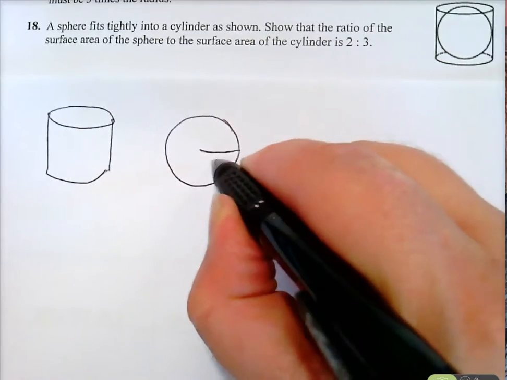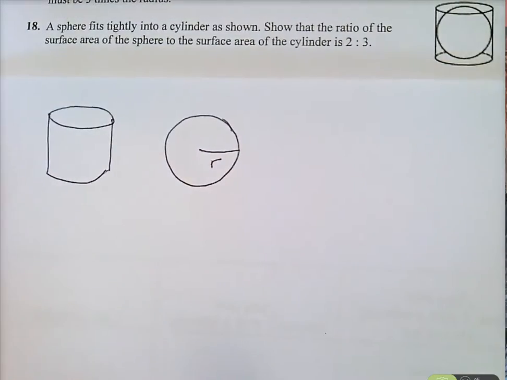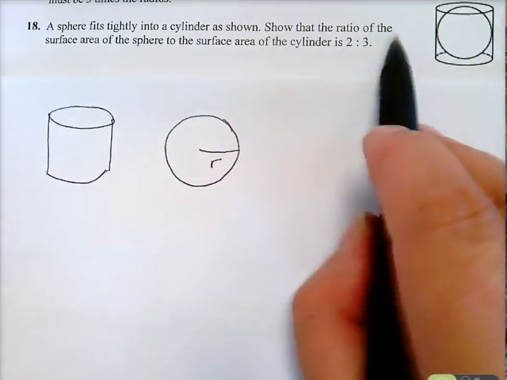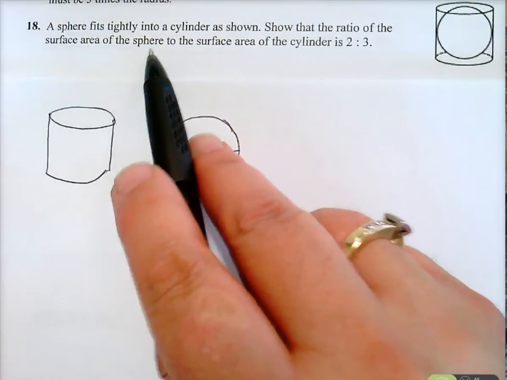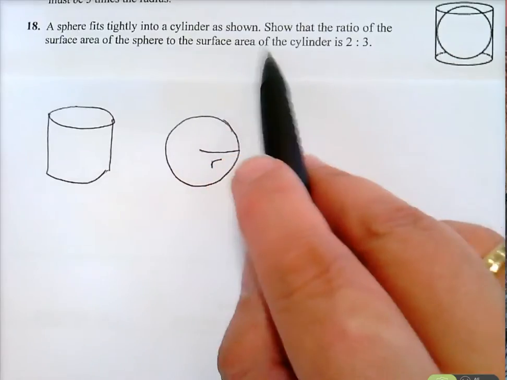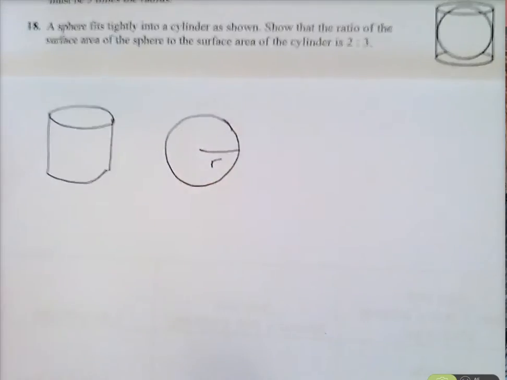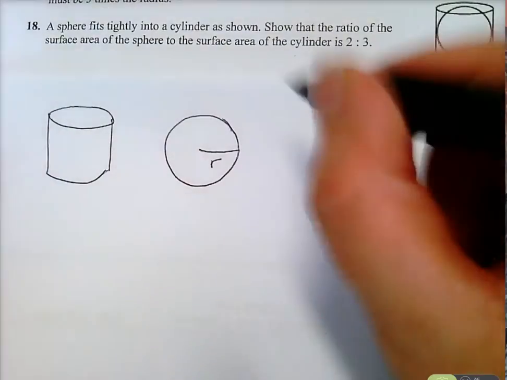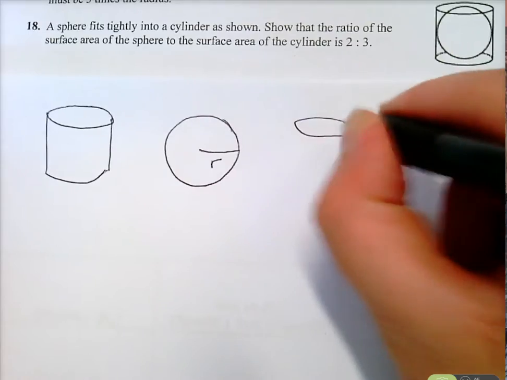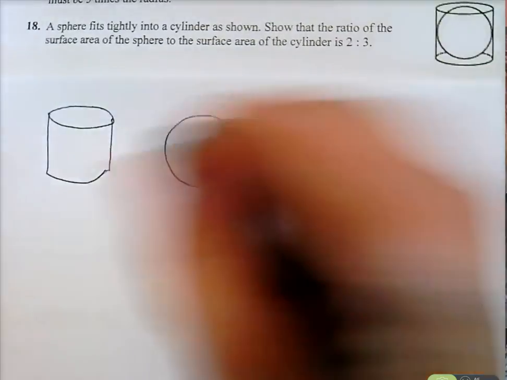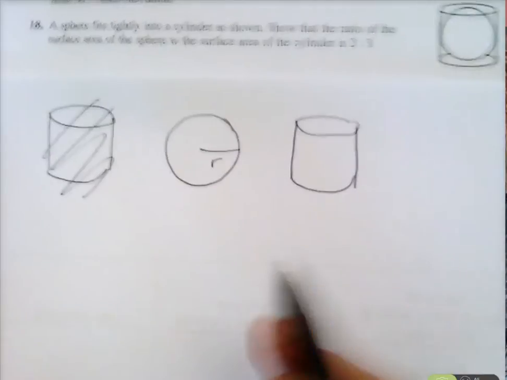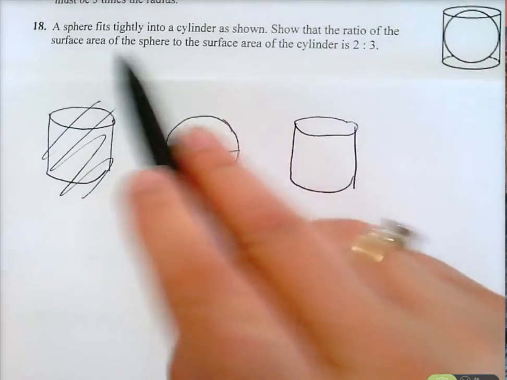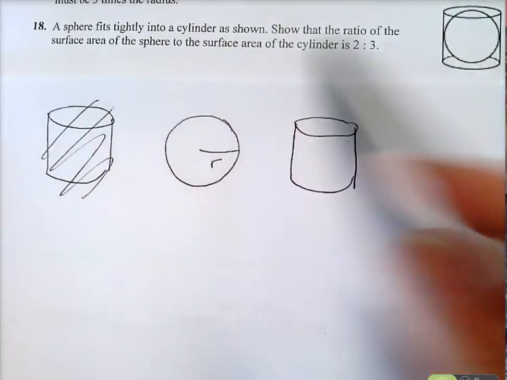Girls, that's the radius of the sphere. It says show that the ratio of the surface area of the sphere to the surface area of the cylinder. So don't worry about ratio. Just give me the surface area of the sphere and give me the surface area of the cylinder. But I better put them the other way around. I'll draw the sphere first and then the cylinder, because we want sphere, then cylinder. Ratio of surface area. I need sphere first and then cylinder.